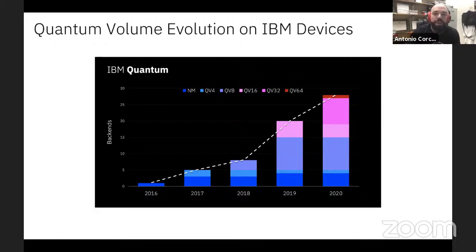This here shows the number of systems for which each quantum volume is attained as a function of the year. And last year we had quantum volume 64 for one of the systems.